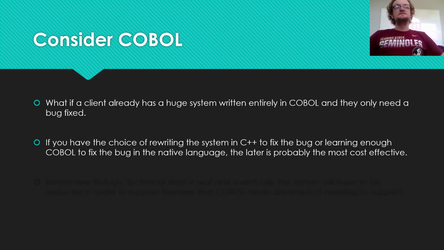However, it's very likely that just learning enough COBOL to fix the bug is way more cost effective. So if it's only one bug, like they can't see a specific field on a specific form, it's probably maybe a week of work to learn enough COBOL to figure out whatever proprietary system they're using for UI to show that value, or calculate a value correctly where it's previously incorrect.